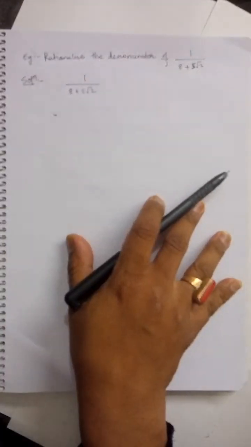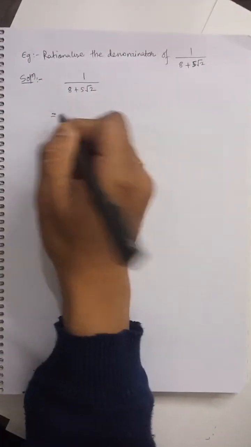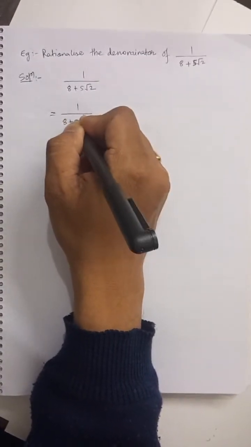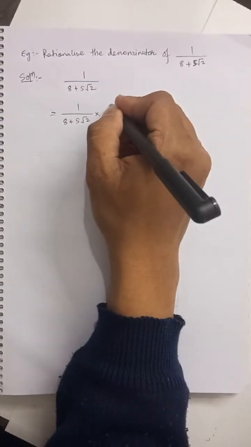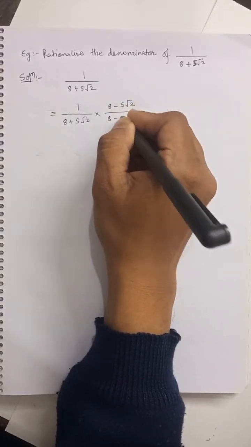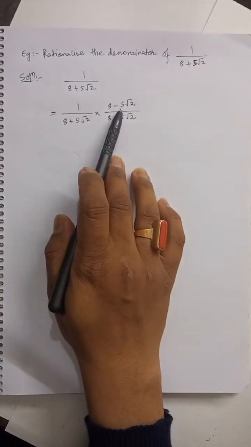Now remember what we discussed in the previous question. So we have 8 plus 5 root over 2. So what do we have to multiply? We have to multiply 8 minus 5 root over 2. Okay, it is that easy. So 1 into 8 minus 5 root over 2 will be 8 minus 5 root over 2.